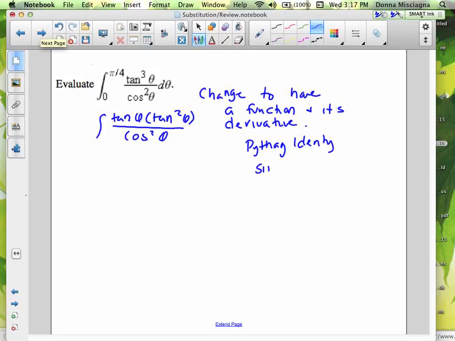So we have sine squared theta plus cosine squared theta equals 1. If we divide that by sine, we'd have 1 plus cosine divided by sine, which would be cotangent squared theta. Let's see if these look any better. Let's look at all our options here.